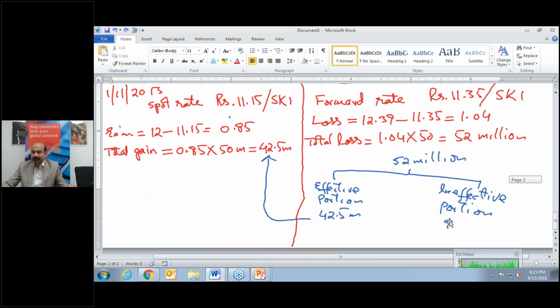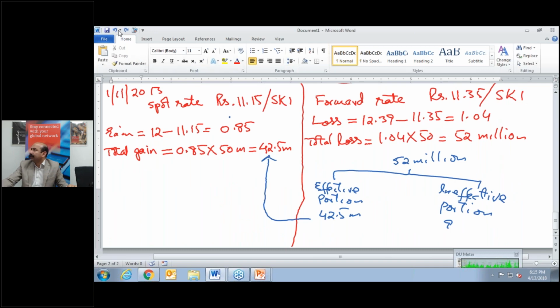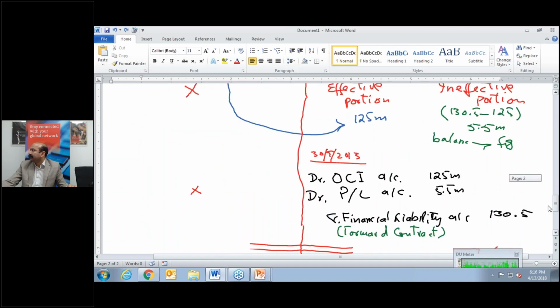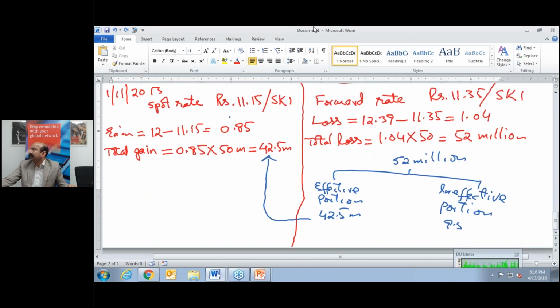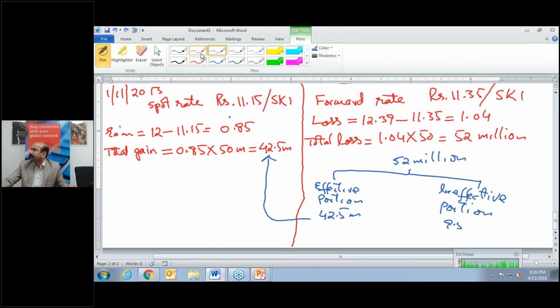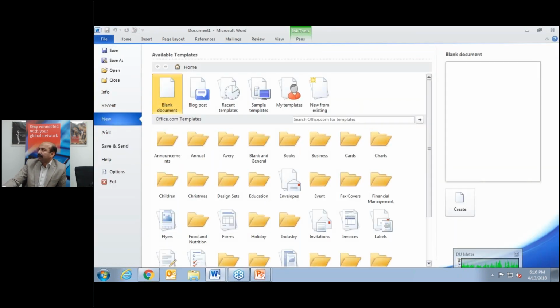Okay, 9.5 I can use here. So from here I can use another doc so that the work is not mixed up.